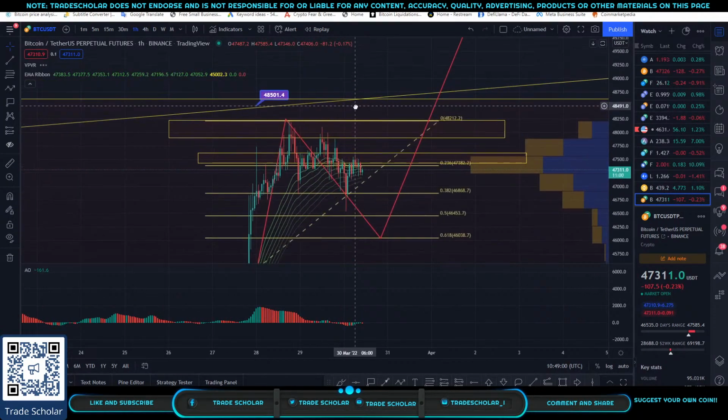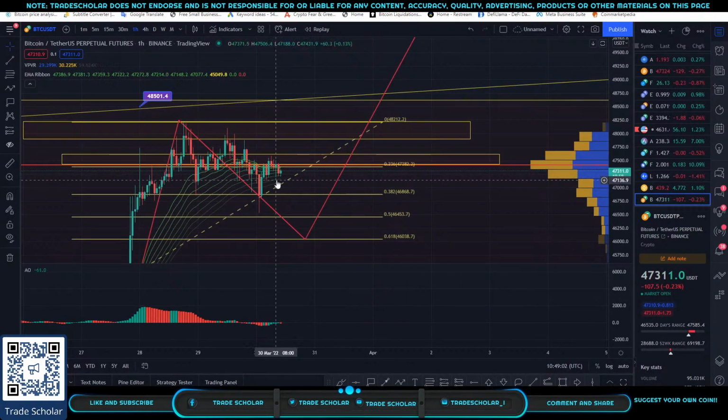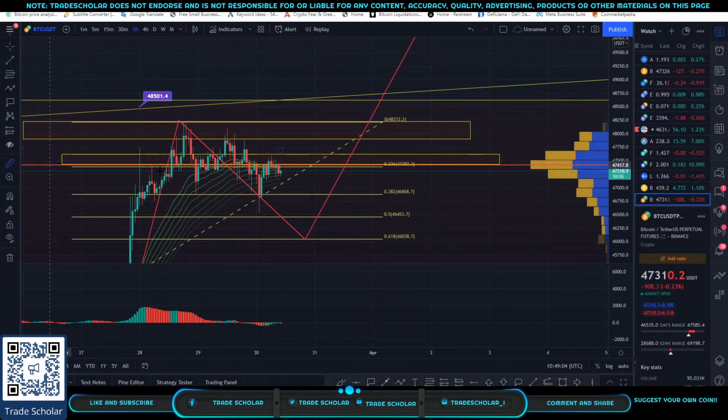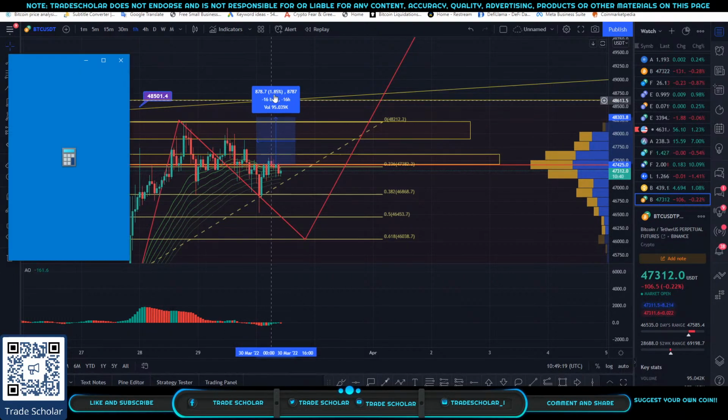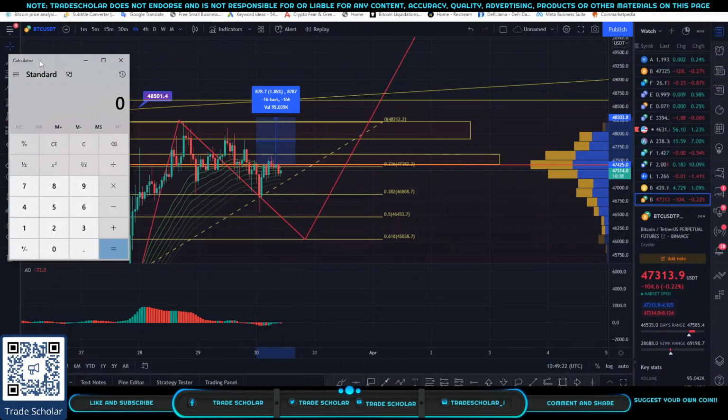Okay, this is 1 hour time frame, okay? We are breaking now the EMA ribbon, okay? So if your entry is right here, then your stop loss is right here, just above this one, okay? 48,303. So that would mean you're gonna lose 1.85%. Let's say you're gonna have a stop loss of 70x. Not really.